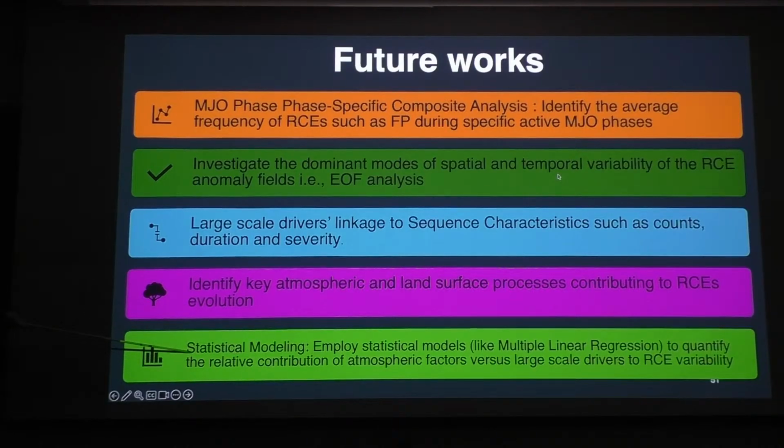And then lastly, we are planning to do statistical modeling and check which is contributing to the happening of our rapid change event: is it atmospheric, or is it the large scale system, or is it land surface.